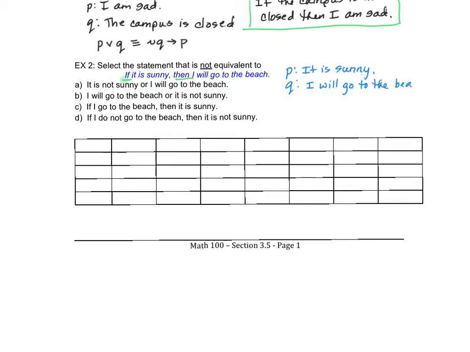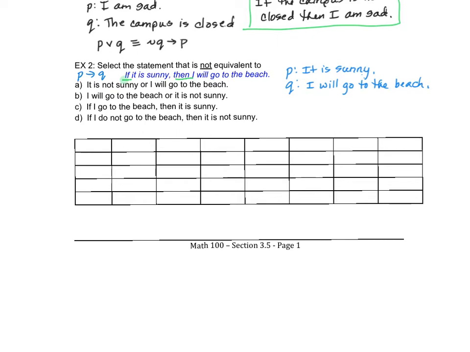So I have my statements P and Q. My original statement is if P, then Q. So this would be P arrow Q. Since I'm going to be using a truth table to determine the statement that's not equivalent to if P, then Q, that means I have to translate statements A, B, C, D into symbolic form.